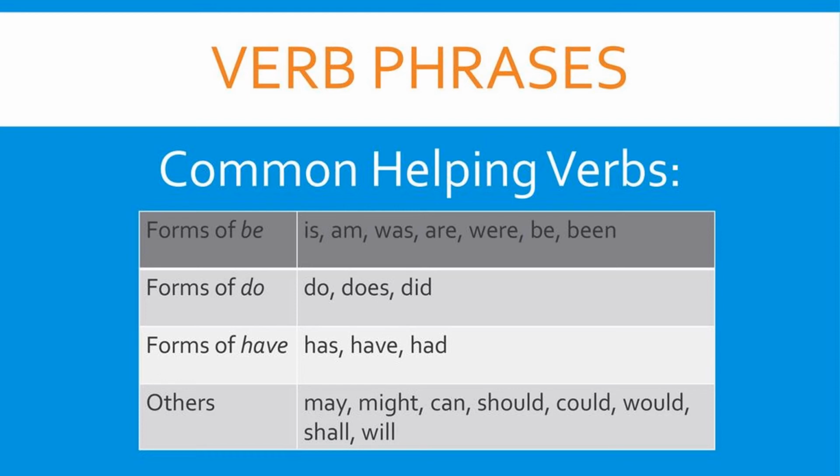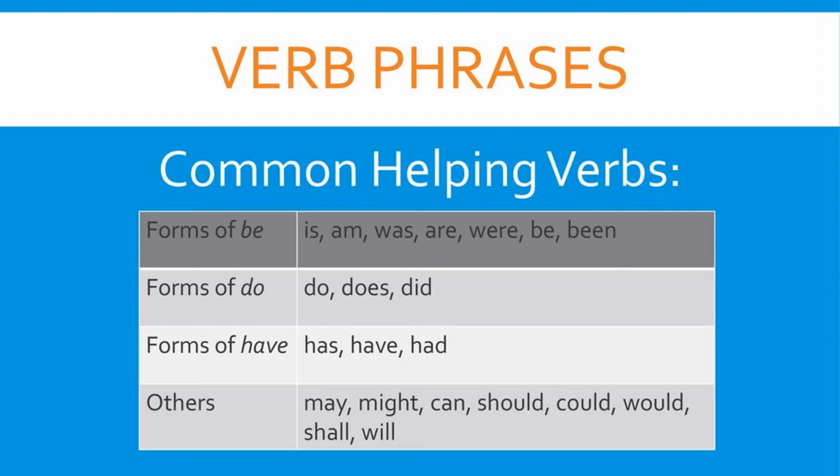We already defined the word verb. Now, what are the common examples of helping verbs? First set is the forms of be. Examples are is, am, was, are, were, be, and been. Next, forms of do.